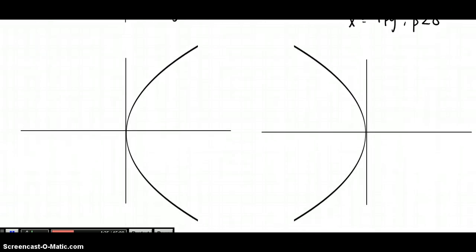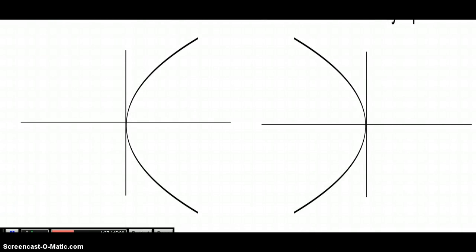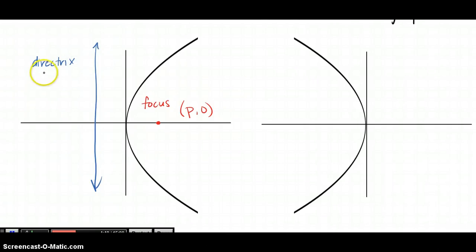So now let's go left to right. Again, the focus is on the inside. And now we're at some point (p, 0), because now our y is 0. The directrix is on the other side at x equals negative p, because now we have a vertical line.